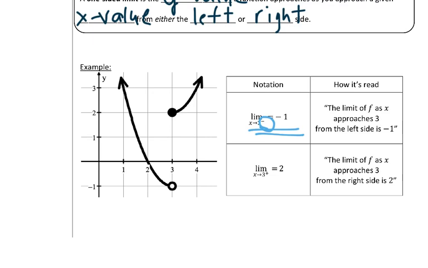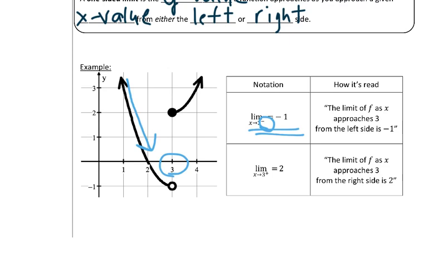That little negative sign is indicating which direction you are coming from. So because I see that negative sign there, this is saying I'm approaching 3, so here's where x is 3, but because of that negative, it's saying from the left side. So if I'm looking at this function, I'm coming down this way. I'm getting closer and closer to 3 from the left side.